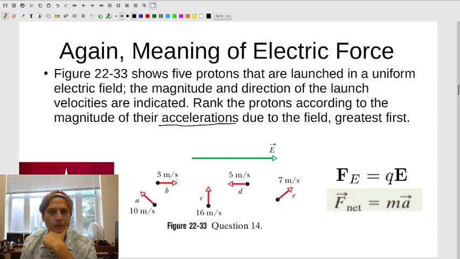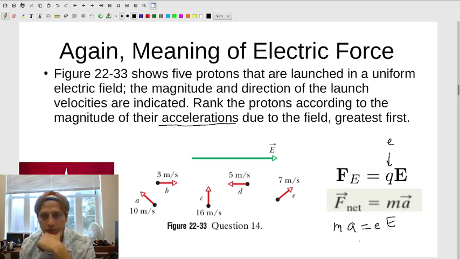It turns out it doesn't change it at all for this question because the force that's acting on them is still just going to be Q times E. Q in this case would be the fundamental charge, positive for a proton, negative for an electron. And if we wanted to find the acceleration, we would set this equal to ma, so the mass of the proton times the acceleration of the proton equals Q times E, just like before.